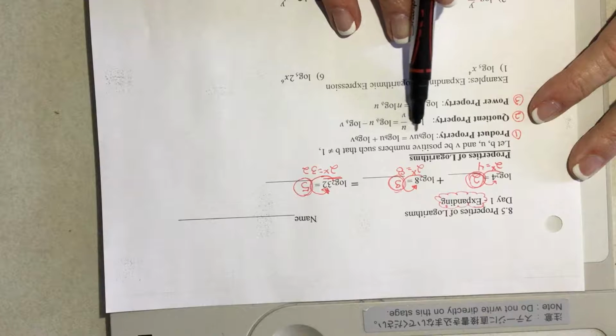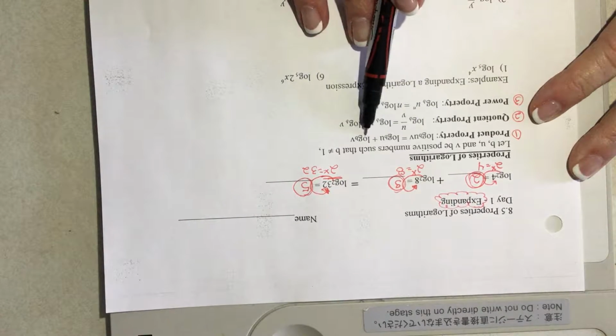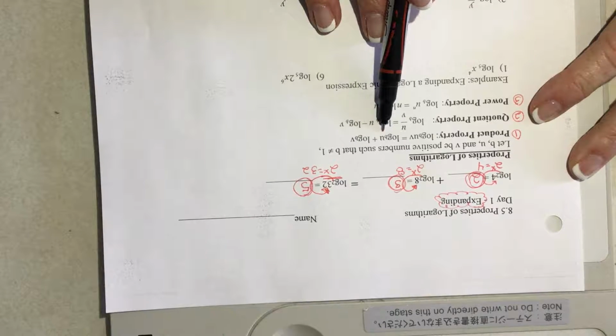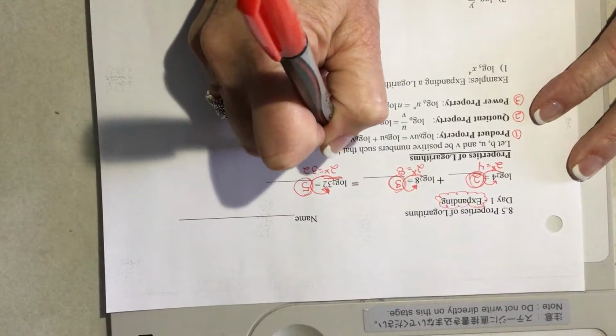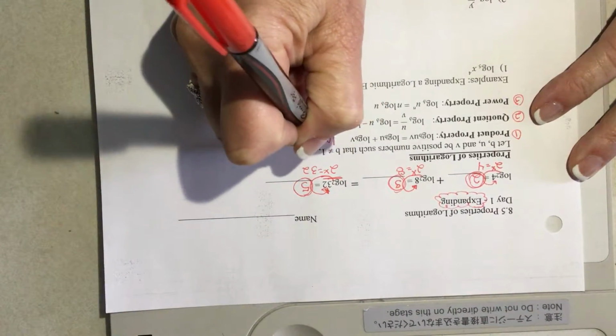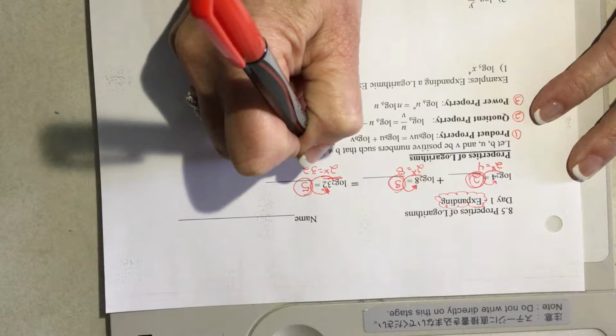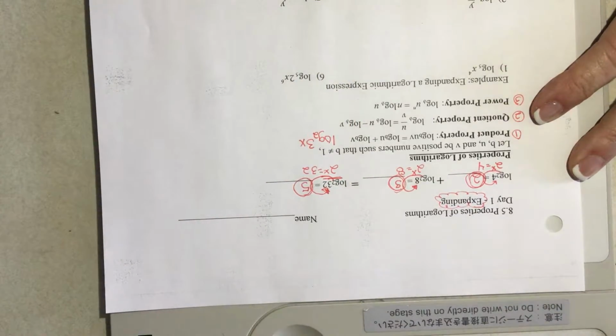It's saying that if I have 2 things that are being multiplied together, I can break them apart using addition, giving each one their own log. Say what? All right, let's say I have this. Log base 2 of 3x. Okay, log base 2 of 3x.